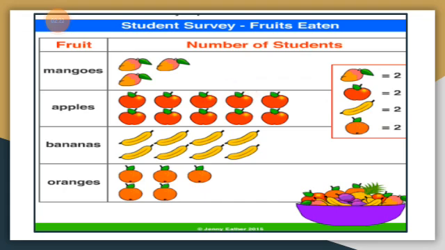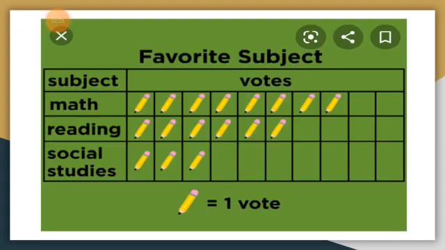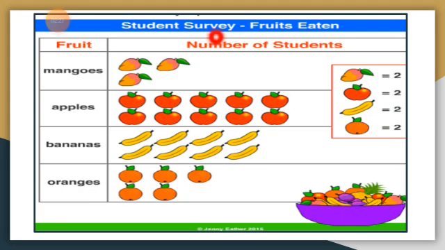Now let's see how many people like mangoes. Look here. How many mangoes are there? 1, 2, 3. There are 3 mangoes, but look at this key. 1 mango represents 2 students. So 2 times 3 is 6.